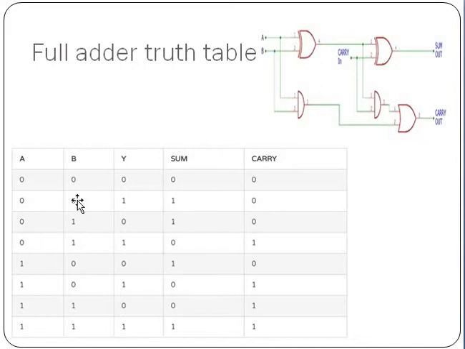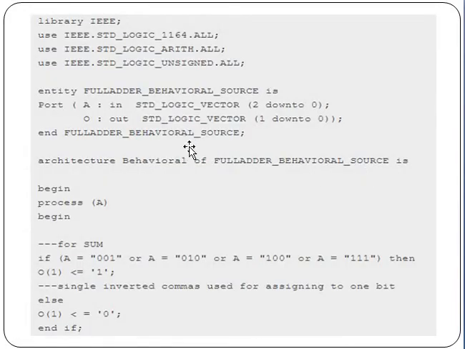In the case of all three inputs being 1, we get sum 1 and carry 1. This is the logic we will use to make the behavioral modeling of the full adder, and to make the program. So this is the program.